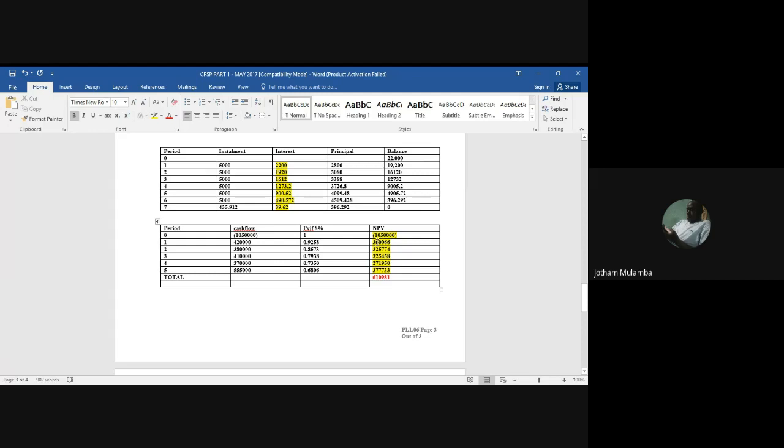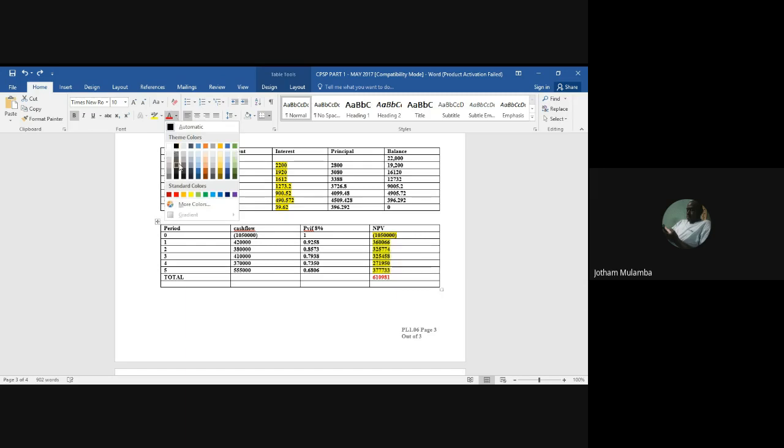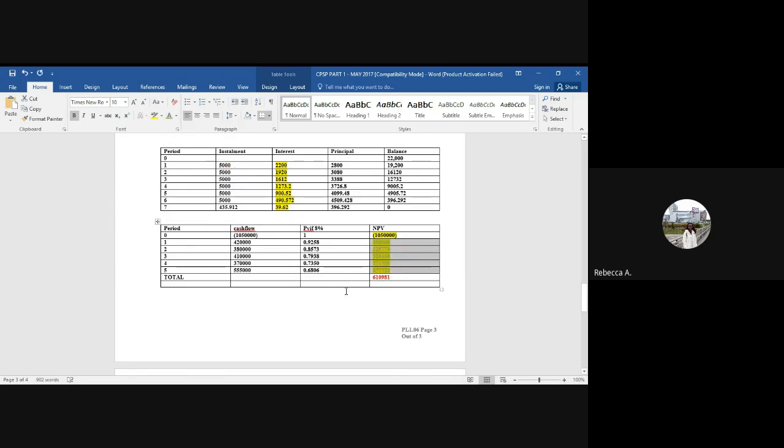So for profitability index, let me just change the color for what I want you to add. Is it very different? No.